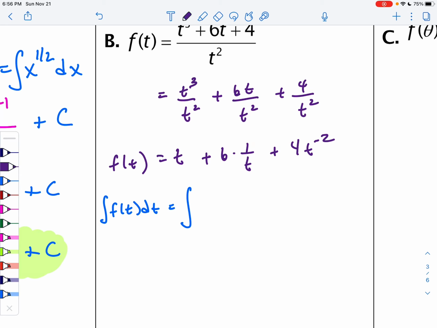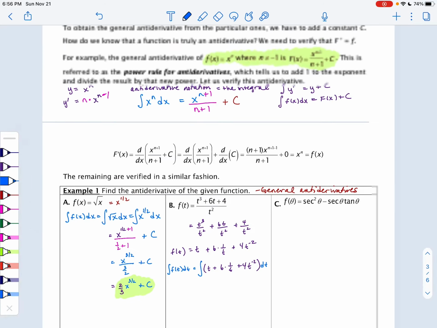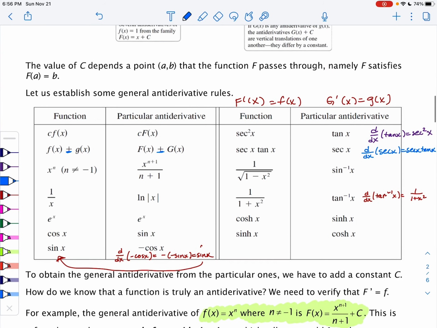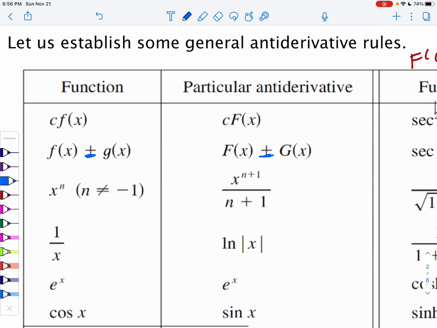I'm going to just copy the t plus 6 times 1 over t plus 4 times t to the negative 2, and I'm taking that with respect to t. Remember from above, just like the derivative of a sum is the sum of the derivatives, the antiderivative of a sum is the sum of the antiderivatives.